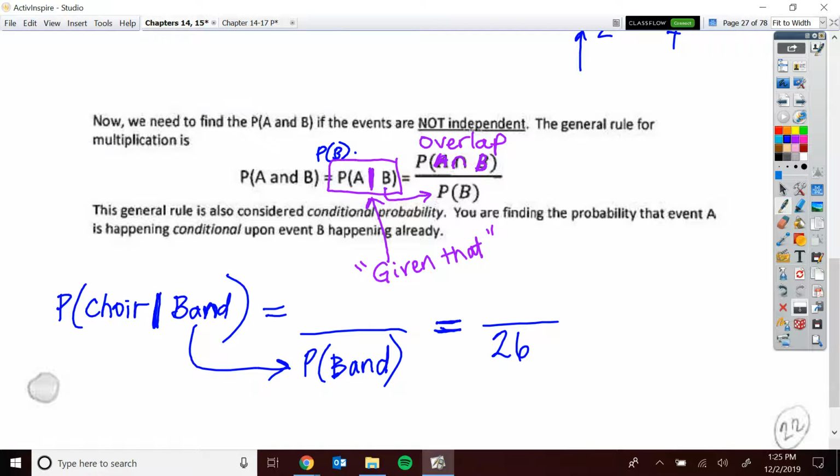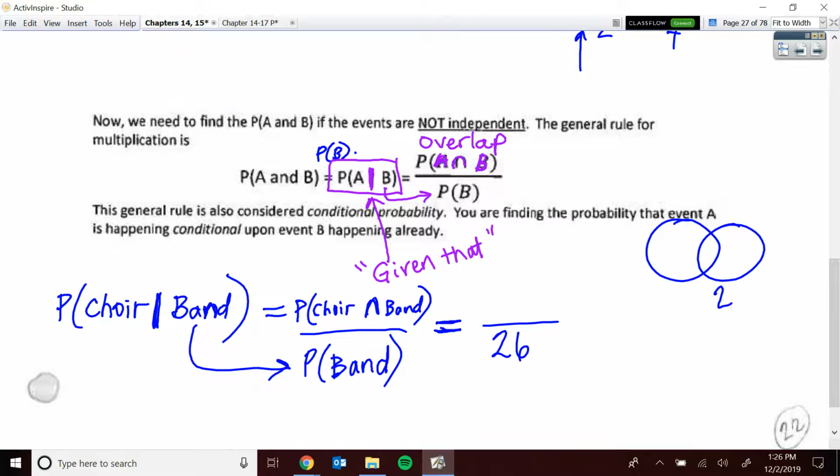See, the problem that would happen, people would put 18 as the numerator. It's not 18. It's the what? Choir and band students. So you tell me you're in band. So you're in band, you're coming from that band circle.